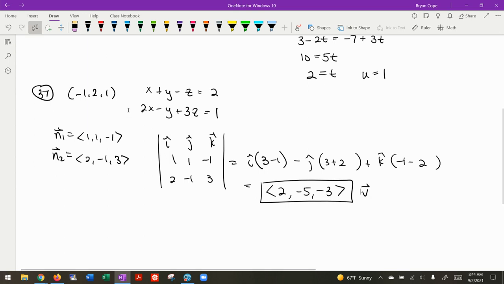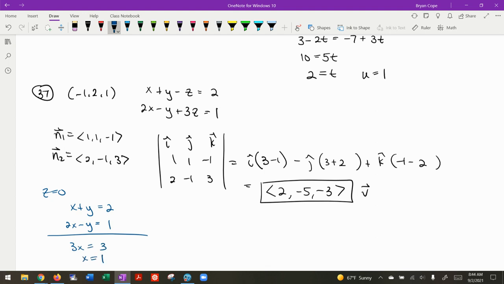We also could use a point that's on that line of intersection. So I'm going to do that by letting z be 0, giving me x plus y equals 2, and 2x minus y equals 1. Adding down gets us 3x equals 3, or x equals 1. And then resubstituting, we have y equals 1 as well.